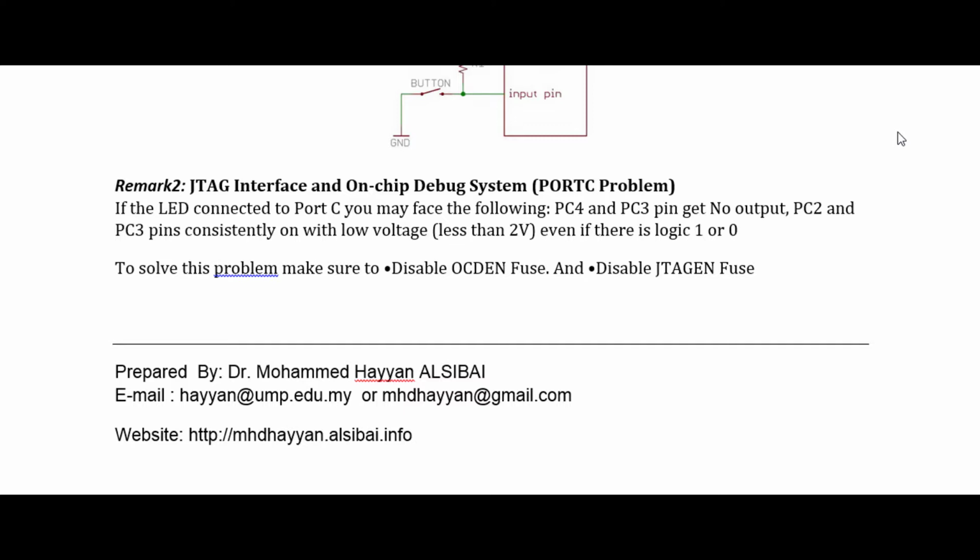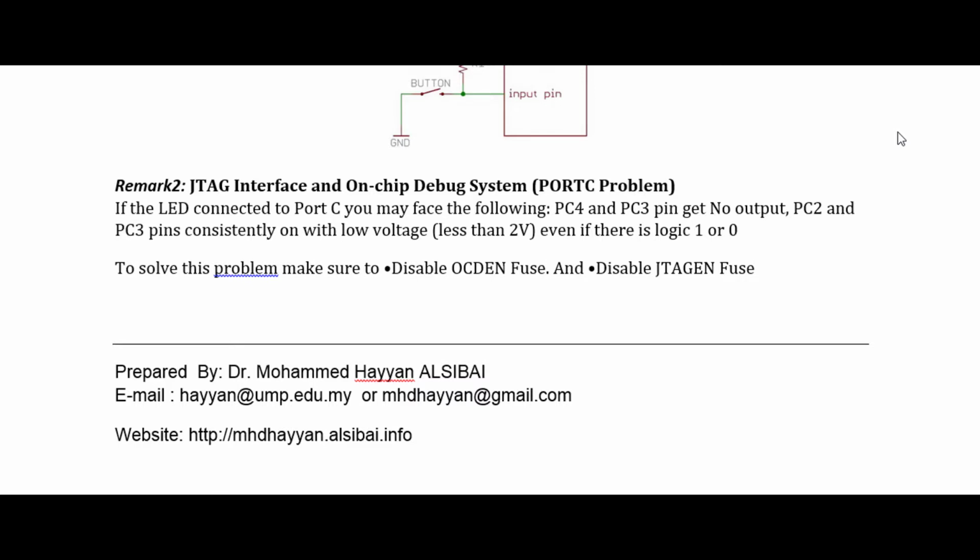Even if you apply 0 or 1 on the output, it will not change. It will still give very low brightness. To solve this problem, make sure to disable the OCDEN fuse and the JTAG enable fuse in the fuses, as I will show you later when I move to show you the hardware.